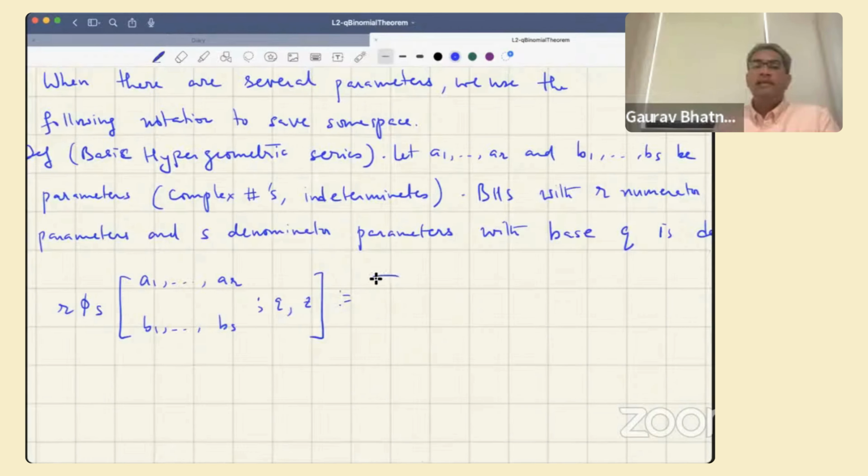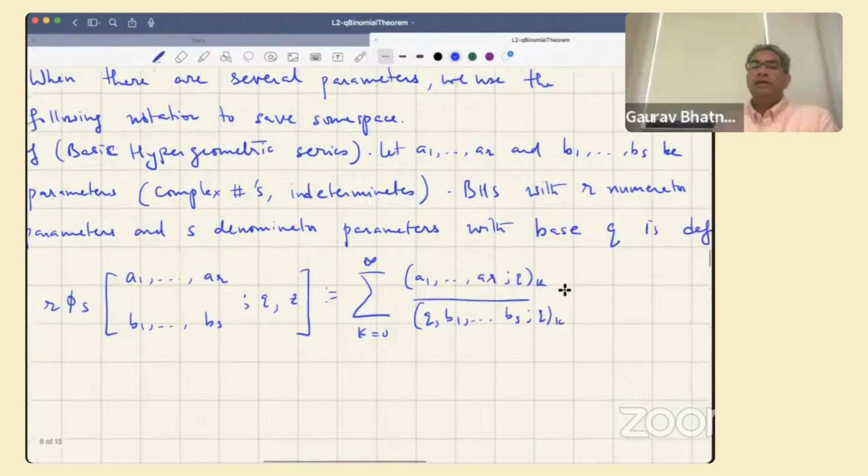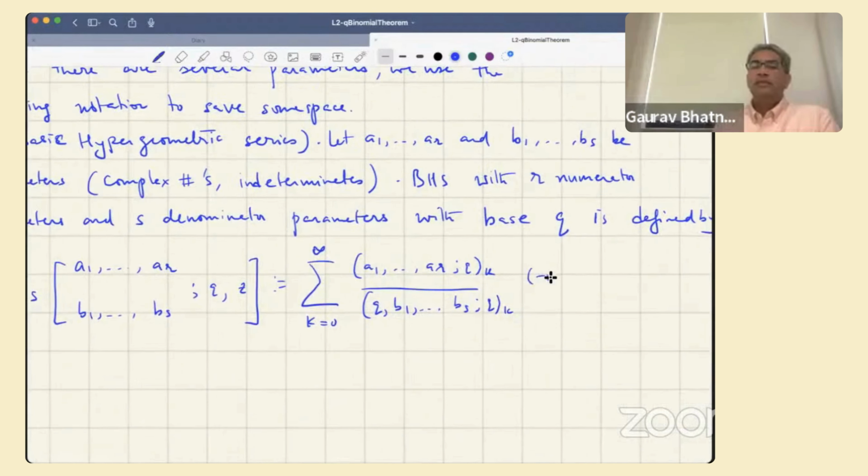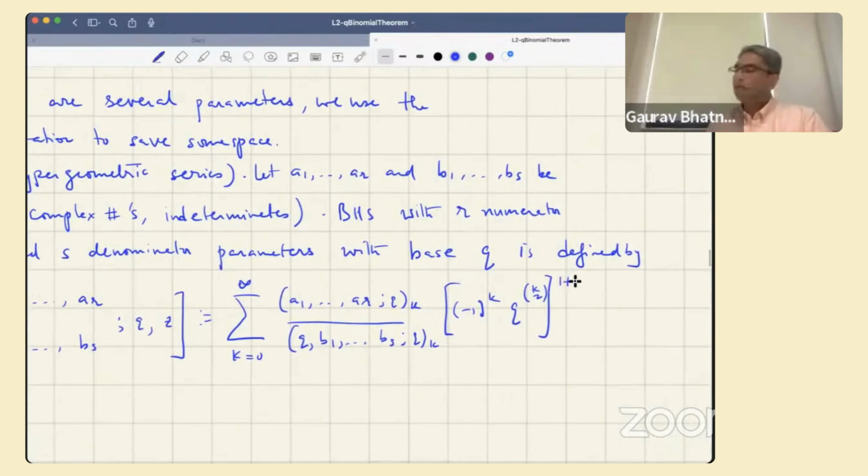So this is defined as summation k going from 0 to infinity, (a_1, ..., a_r; q)_k over (b_1, ..., b_s; q)_k, and then there is a (-1)^k q^(k choose 2), and this whole thing raised to the power 1 + r - s, and z^k.